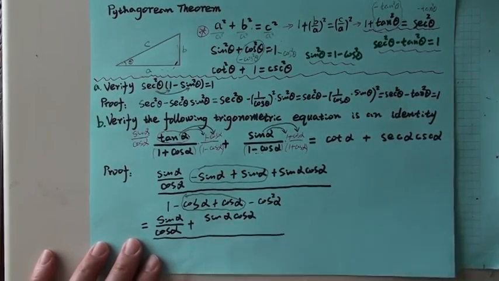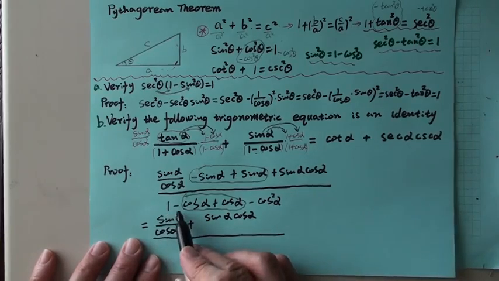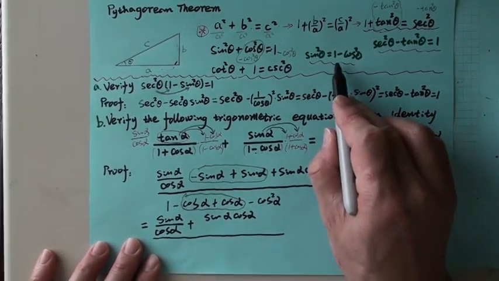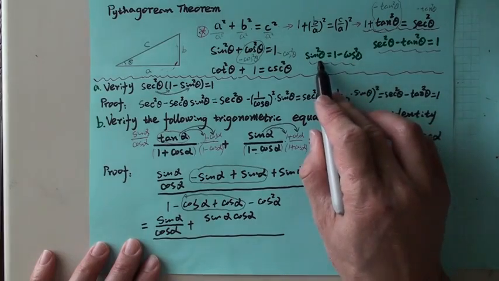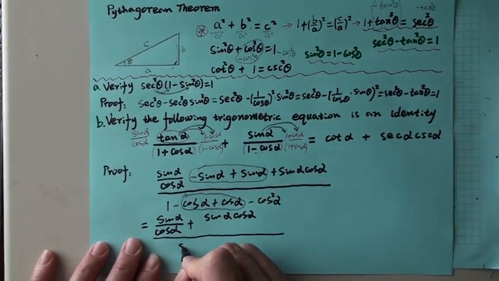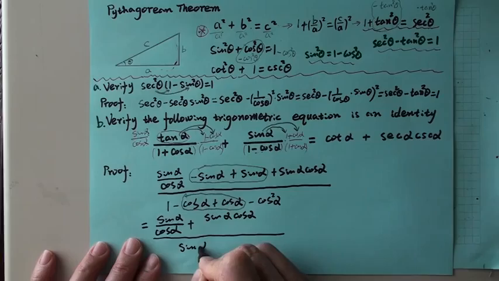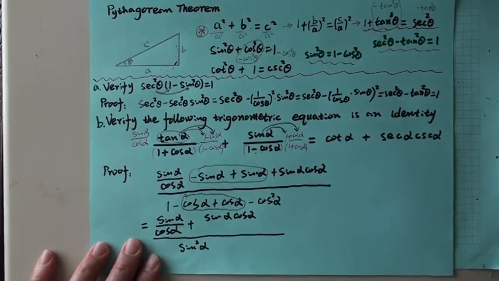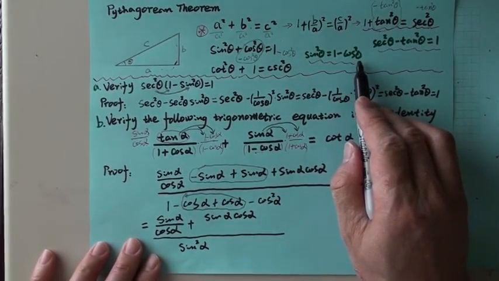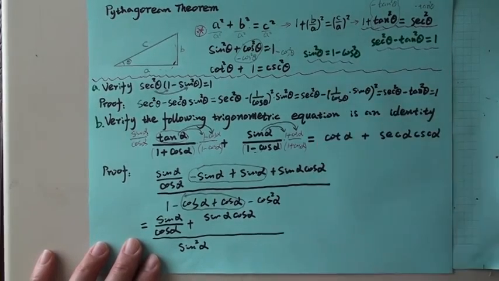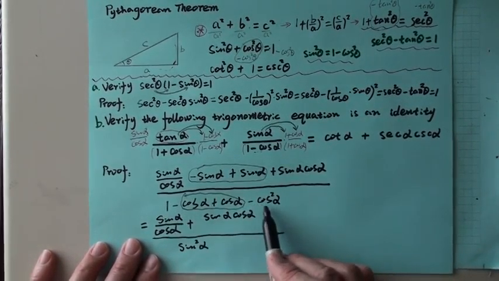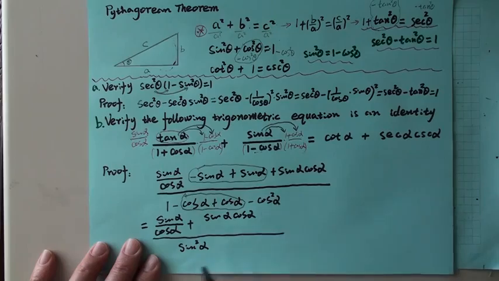You know those two are cancelled. But 1 minus cosine theta squared is sine theta squared. So 1 minus cosine alpha squared is sine alpha squared.